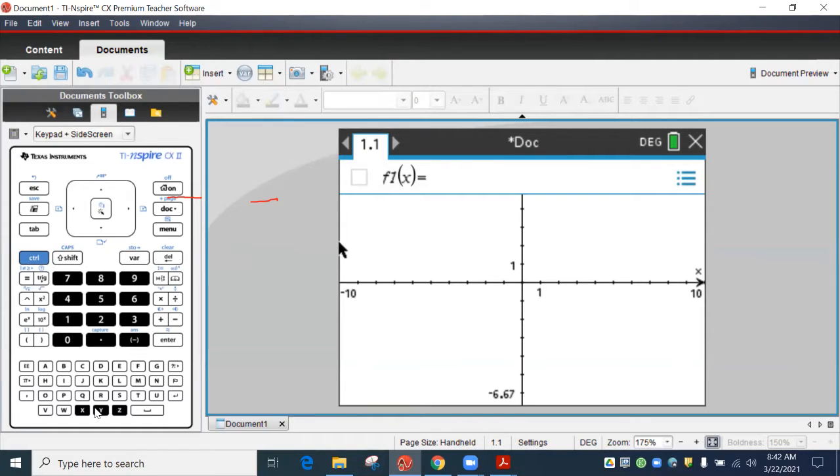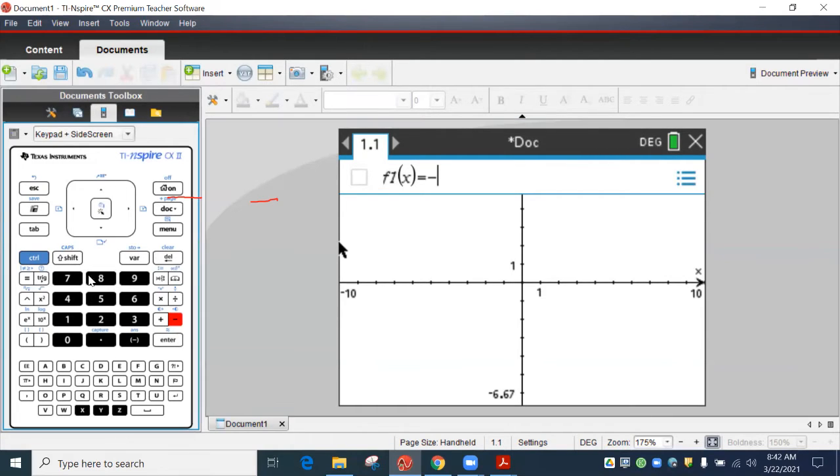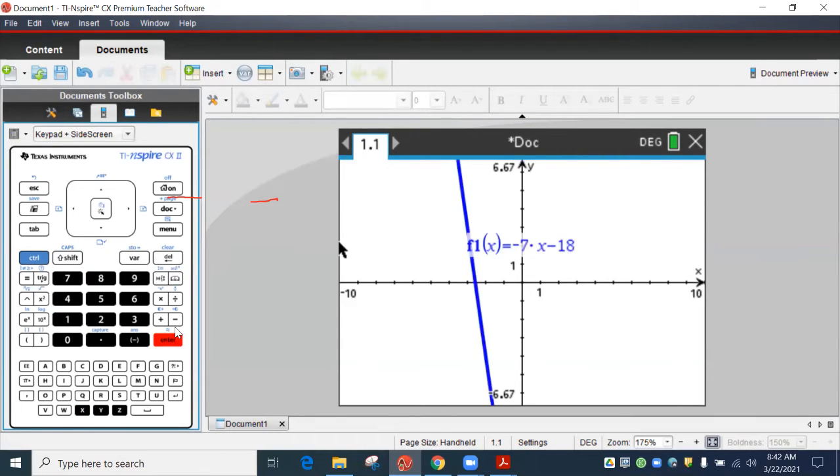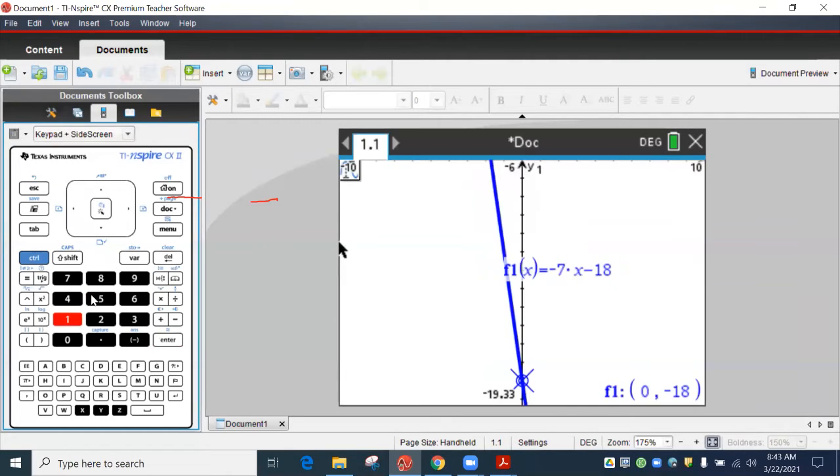And we're going to type in minus 7x minus 18. We're going to hit enter. Right now, I don't have anything really to do other than we're looking for these points. So when we're looking for points, we're going to hit menu 5-1. So menu 5-1. Now, this is not magic pixie dust.